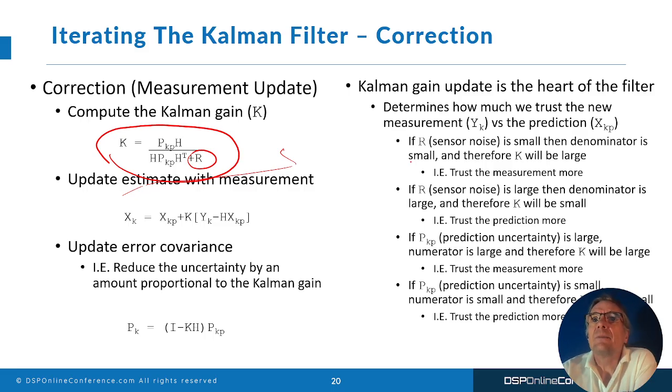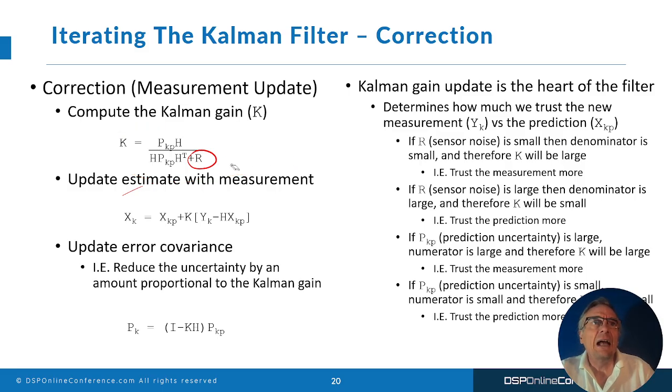diagram we saw earlier. If we look at this equation, if the sensor noise is small, then the denominator will be small, and hence K will be large, i.e. we will trust the measurement more than the previous prediction.